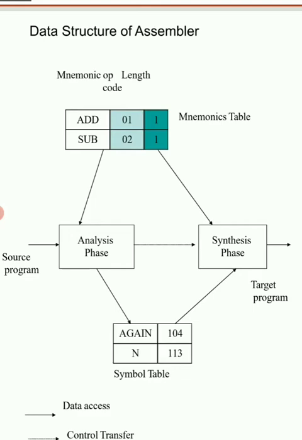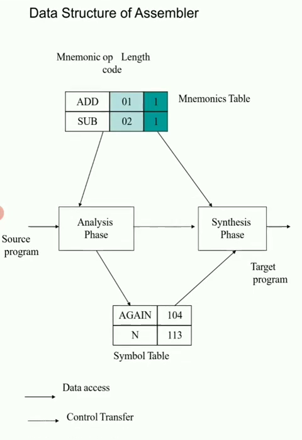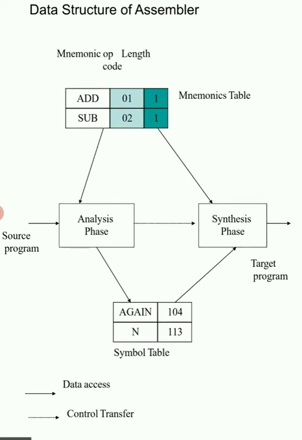So if we are using a mnemonic like add or sub, at that time we use one syntax, because when we talk about the source language, that is when we write any program in the C language, we are supposed to follow the syntax.